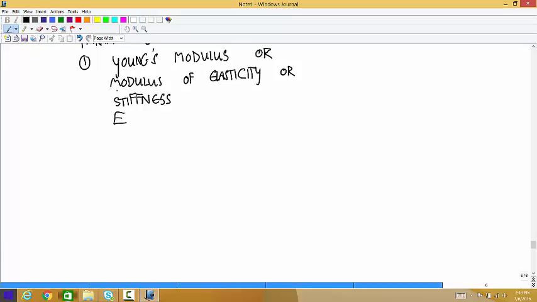I never thought of that before. And the units are pascals, or force per area. The second one is called Poisson's ratio, and you represent it with the Greek letter nu. Is that nu? I think so. Let's call it that for now.